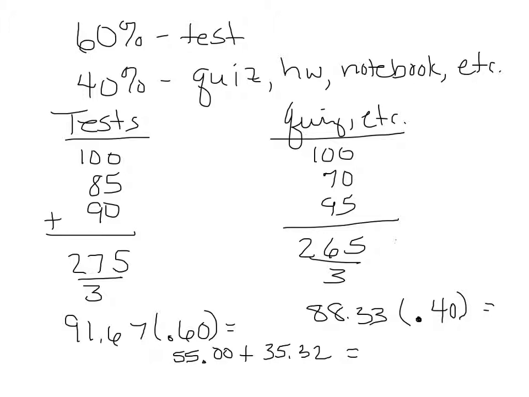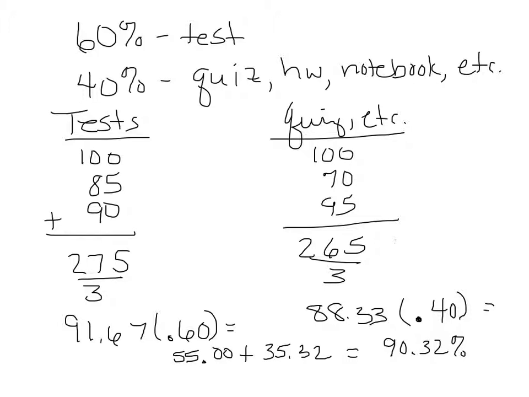When I add those two things together, 55.00 plus 35.32, I get my weighted average. And that gives me a weighted average of 90.32%.